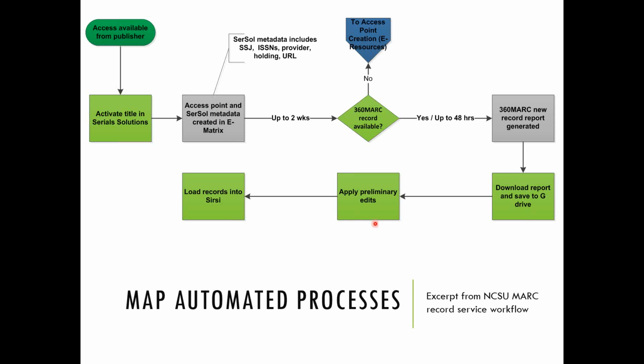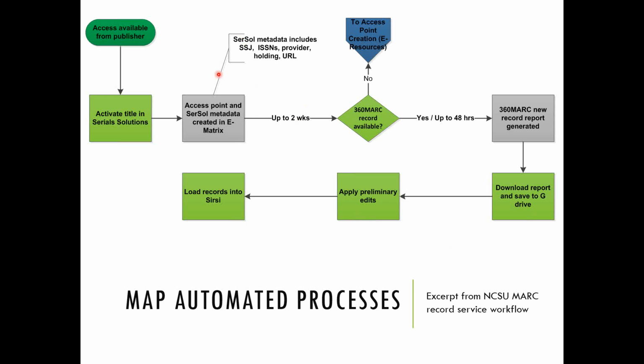So when you look at this entire map, it actually gives a really nice visual to see, okay, how much of this process really is automated, and then also to see just how much manual intervention is still required. So there's some examples here.